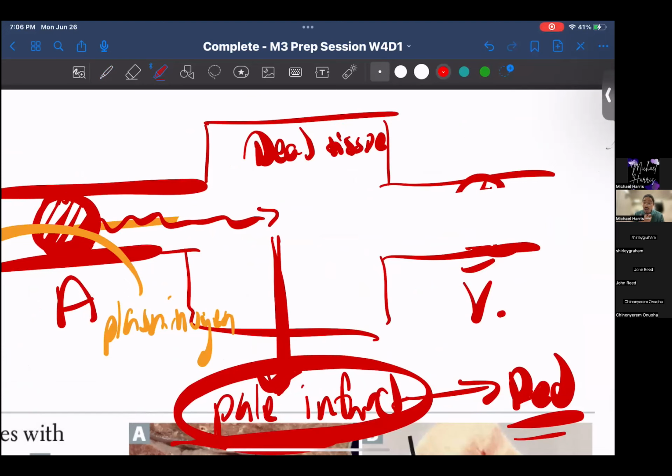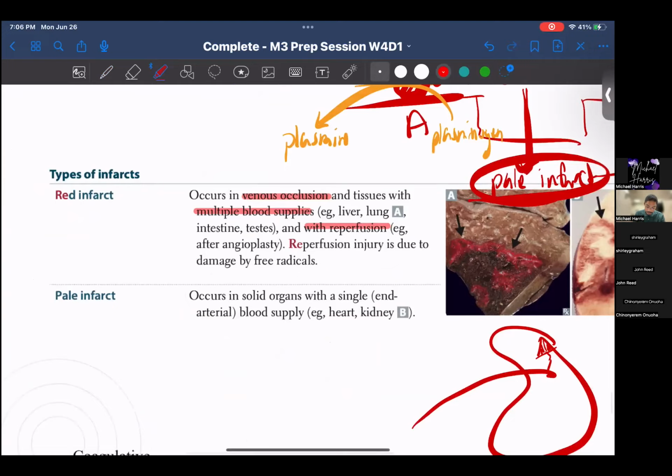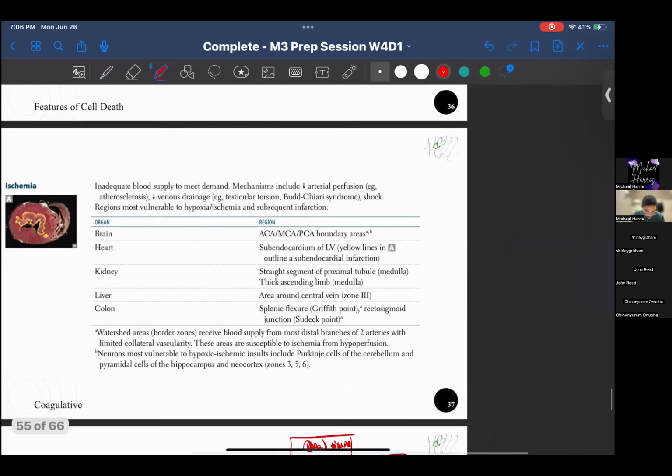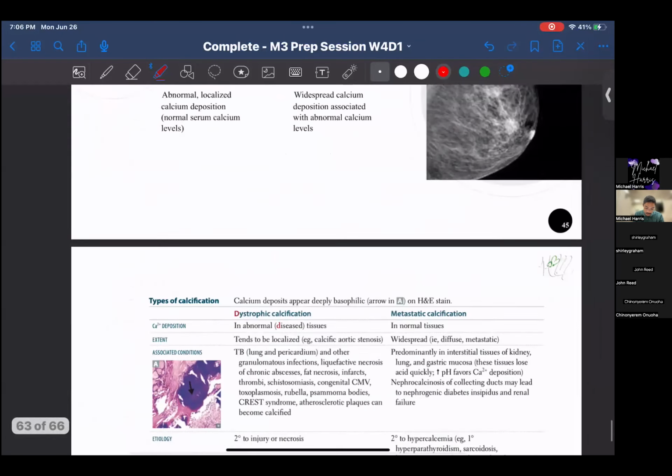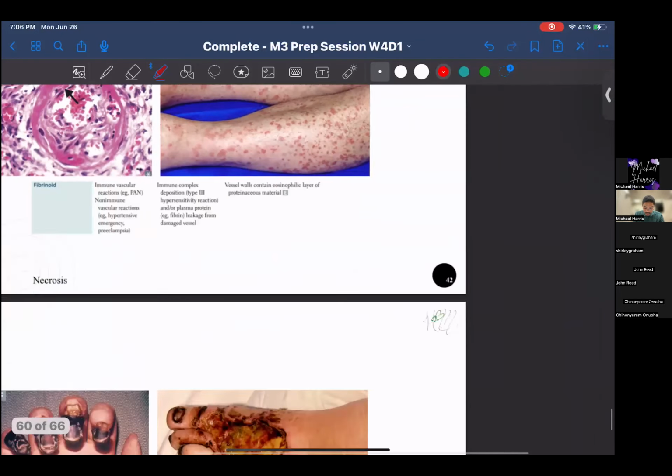You're not getting enough oxygen switched over and transferred over, so it ends up dying, and you have blood present, so it's a red infarct. Okay? All right. So I'm going to stop there. I'm going to finish off the rest of these necroses and the calcification on Thursday.